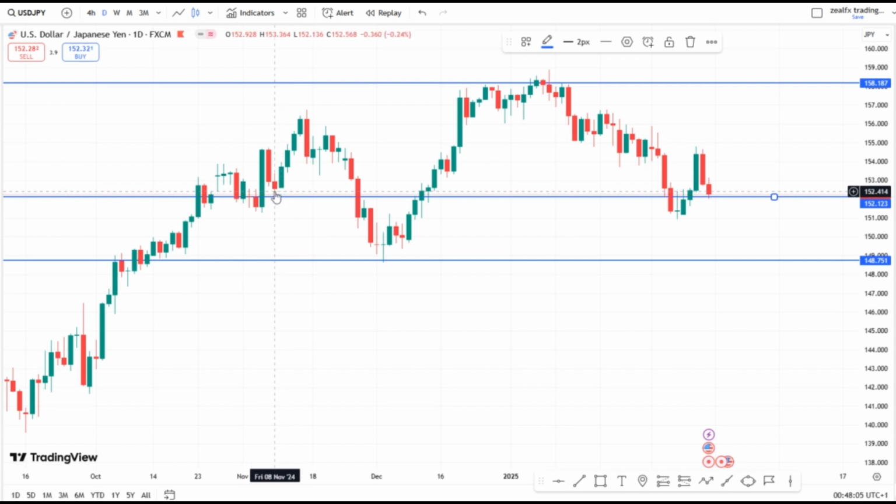Price closed on this support level. So long as price closes on this support level, we are expecting a price reversal from it. Now we have a lower low and a higher low. How do you confirm this low now? We're waiting for a price action candlestick opportunity around this level for us to buy the USD-JPY on the daily chart.